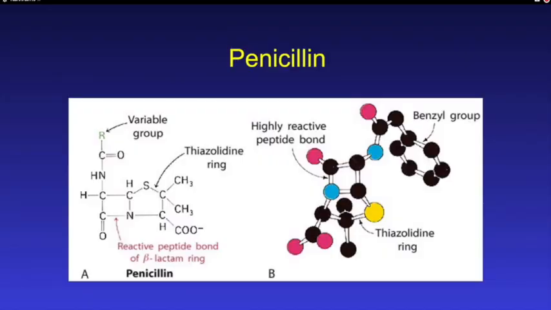Penicillin, the actual group and structure, the reactive portion, is this four-membered ring. This four-membered ring, if you take a look at this, is really strained, because you would want to be in a tetrahedral, and this one you want to be in a trigonal planar, none of which have bonds of 90 degrees.